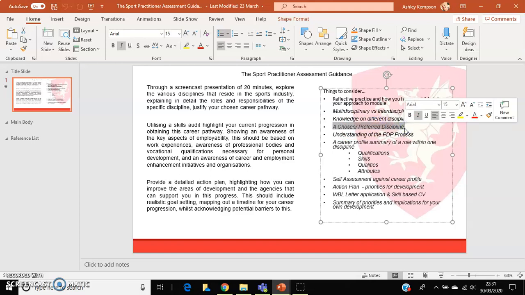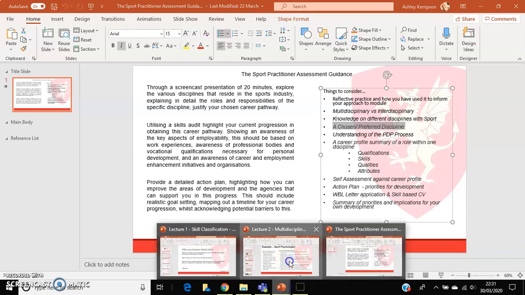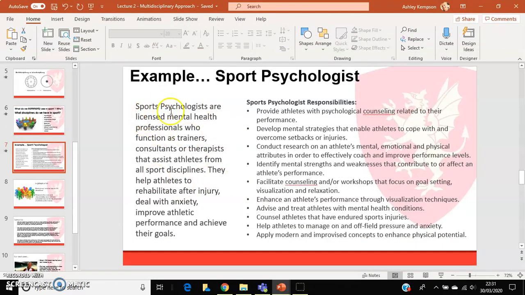So I do 3 altogether: 2 that I probably wouldn't consider front runners for me, and then my chosen one. Like I said, I would expect to see something along these lines: what is their main role, and then what are their responsibilities within that role.